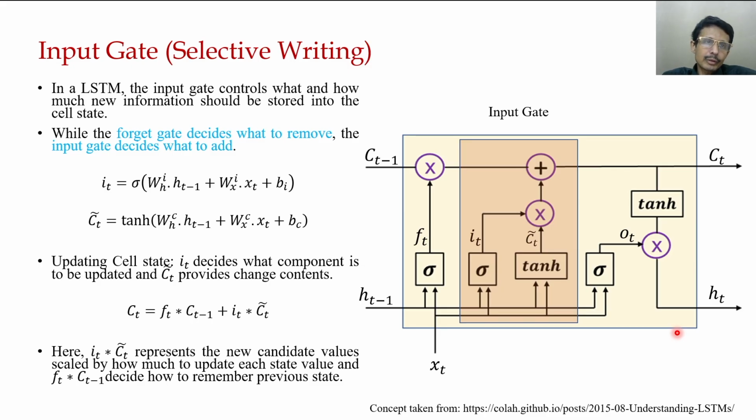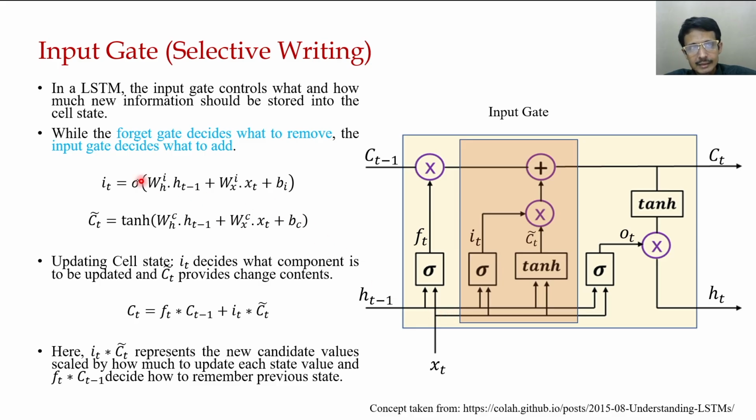Now we are going for the input gate. That is called selective writing. As we discussed earlier, in LSTM, the input gate controls what and how much new information should be stored into the cell state. So at each time instance, new information by virtue of this x_t is coming, and definitely h_{t-1} is also coming from the previous state.